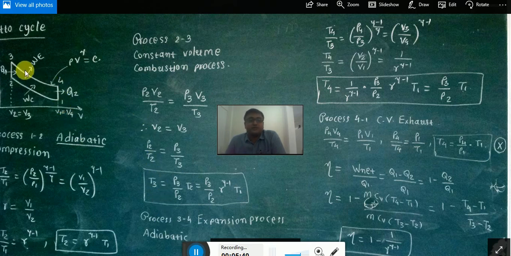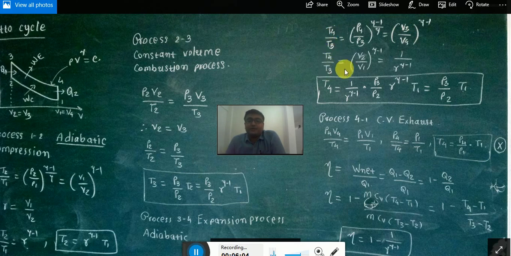Process number 3 to 4 is an expansion process, but it is adiabatic expansion. So as the word adiabatic is used, T4 by T3 is equal to P4 by P3 raised to gamma minus 1 upon gamma, which is equal to V3 by V4 raised to gamma minus 1. Because it is process 3 to 4, we are using 4 and 3 instead of 2 and 1.